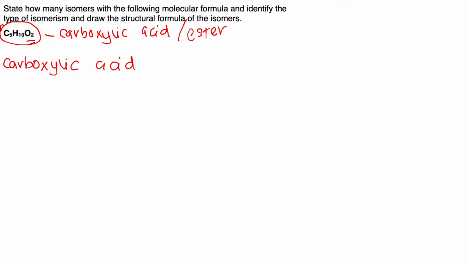So let's begin with drawing the functional group. C, double bond O, OH. Now, we know that carboxylic acid, the carboxyl group, will always located at the terminal.